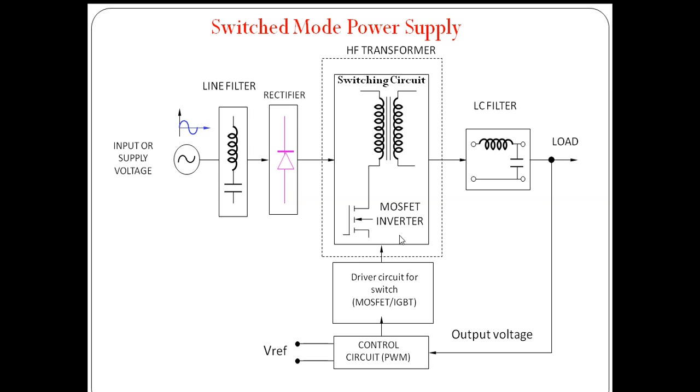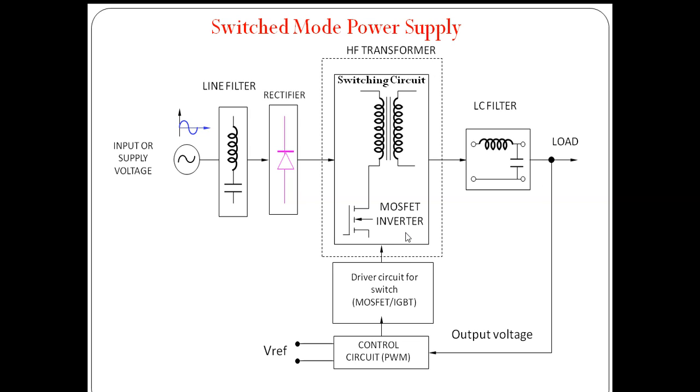The inverter will convert this DC into AC. Again, this AC will be sent to the filter circuit. The filter circuit will again filter the unwanted components, and the required AC waveform will be sent to the load.